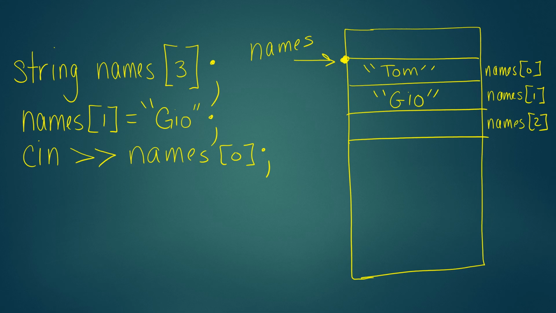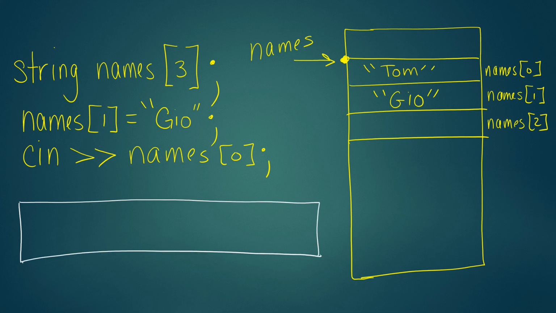That's in another video. The way that people usually draw arrays is like this. So this is my array. It's called names, and this is index 0, and this is index 1, and this is index 2. So then in here I have Tom at index 0, and I'll do it with geo.